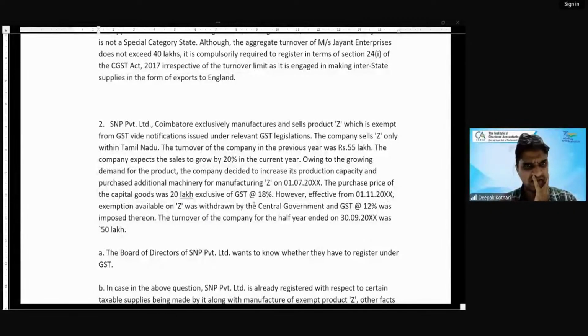It is previous year. What is previous year, Miss Pooja?